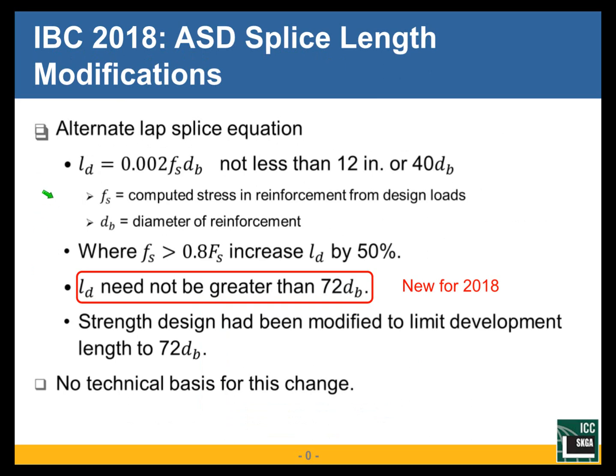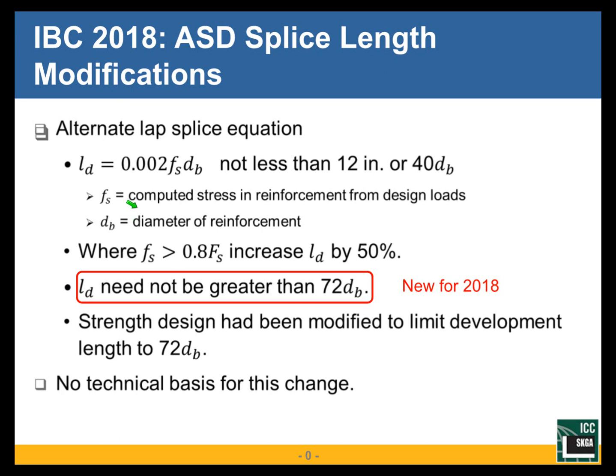There's also a small change in allowable stress design splice length modifications. There was an alternate to the TMS 402 splice length, which is to use this equation: 0.002 times the computed stress in the reinforcement times the diameter of the bar. And if the stress is greater than 80% of the allowable stress, then you have to increase the development length by 50%.